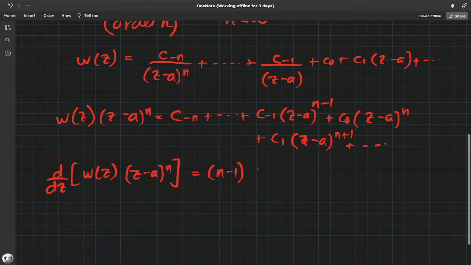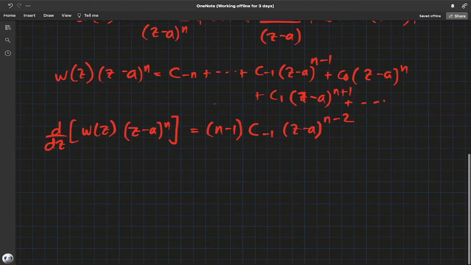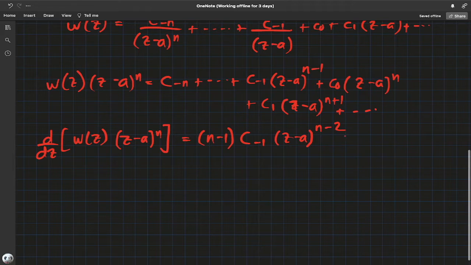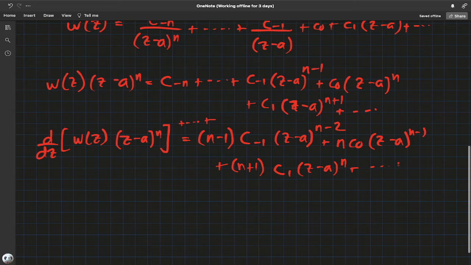So we have n minus 1 times c sub minus 1 times (z minus a) to the n minus 2, I'm just skipping these intermediate terms, plus n times c naught times (z minus a) to the n minus 1, plus n plus 1 times c sub 1 times (z minus a) to the n, and then until infinity.